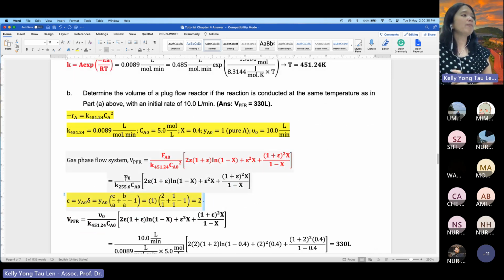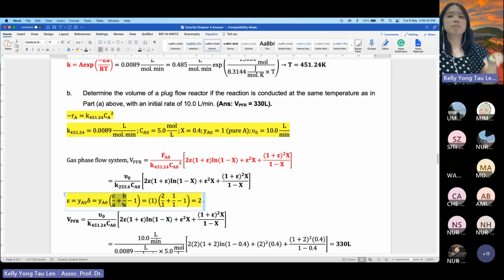And B dan C adalah product. That's why equation dia become C per A plus B per A because C and B is product minus 1. So technically is A per A. Tapi A per A itu satu. Sebab tu dia tulis minus 1. Okay, so C per A is 2 over 1. B per A is 1 over 1 minus 1 lah. Okay, so you will get your epsilon as 2.